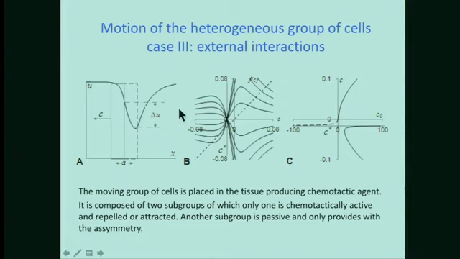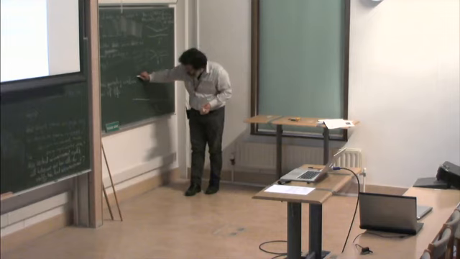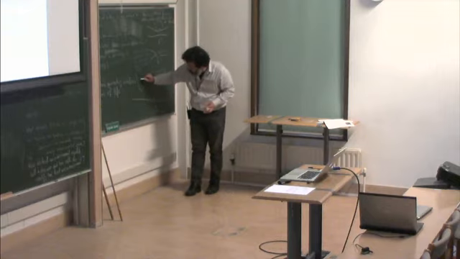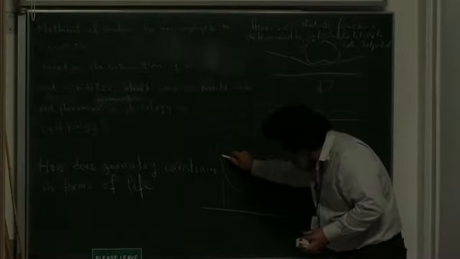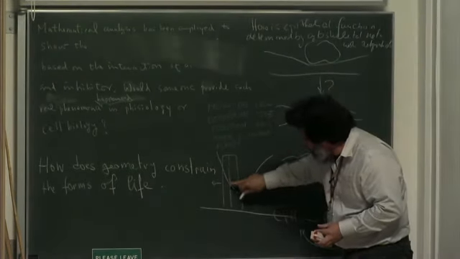Can you see why? So this is our profile. This is our group of cells. For example, it moves in this direction. So it can move in this direction, and this will be repulsion.